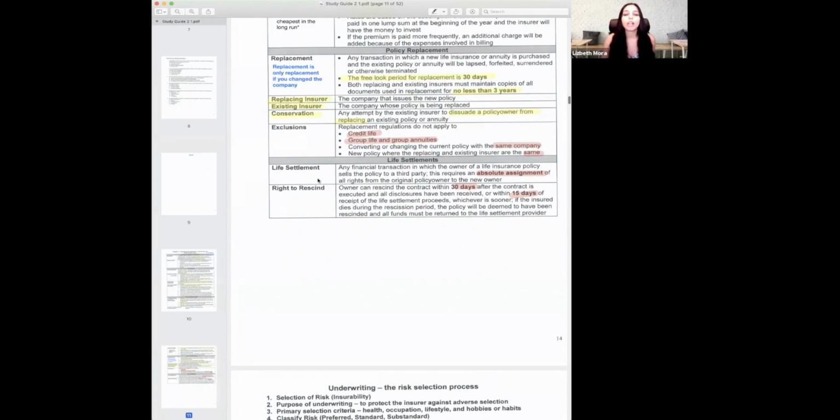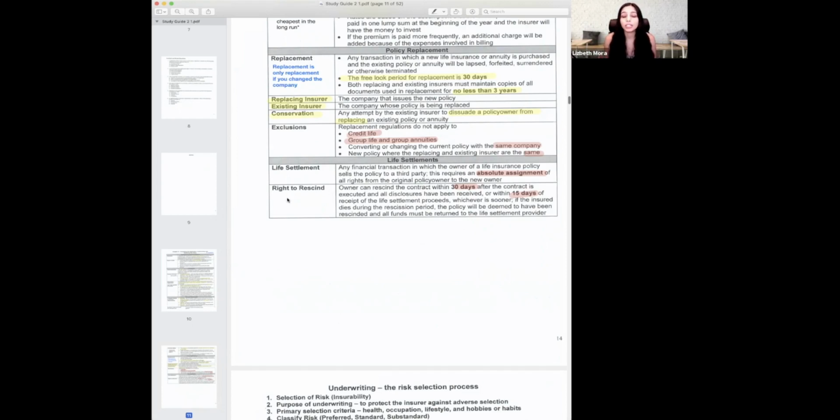Okay, so life settlement is you giving ownership of your policy to someone outside of yourself or anyone that's in your policy. So let's say you're going to give ownership to a bank or someone that isn't in your policy. What you're doing is an absolute assignment. Absolute assignment is you assigning someone else to be the policy owner of your policy.